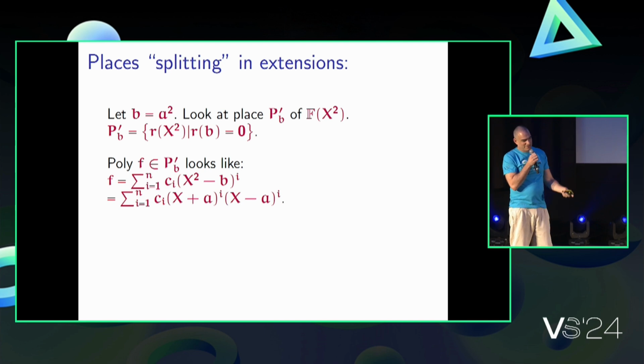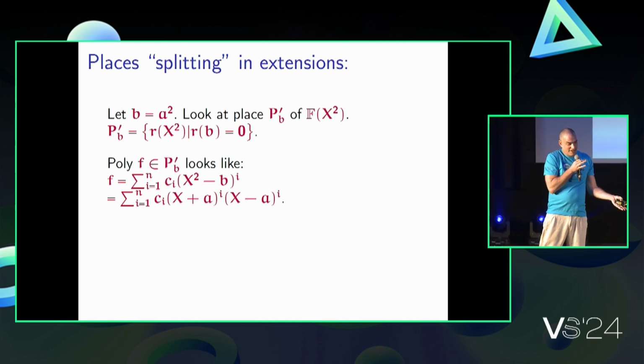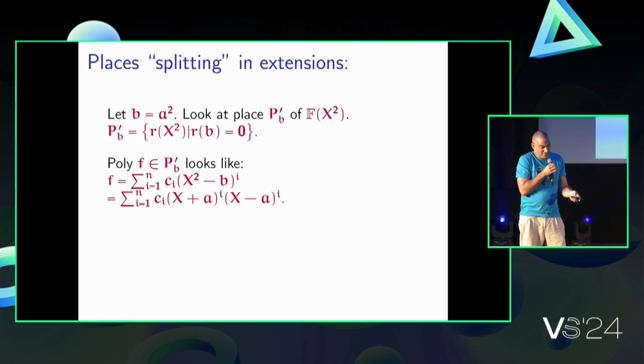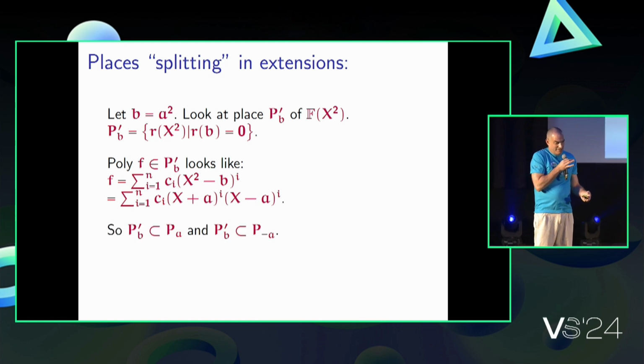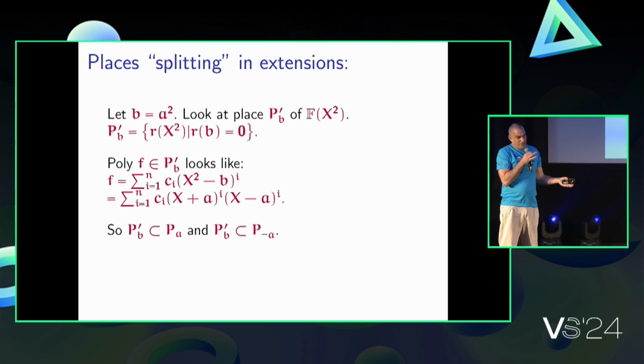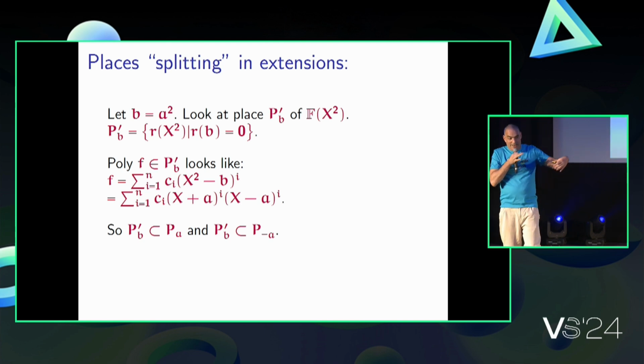Okay, but now we can apply the well-known algebra equality. This is some combination of x plus a to the i times x minus a to the i. So definitely it's going to be 0 both on a and minus a. So in our terminology that we defined, it means that everything that is in P prime b is going to be also in P a, but also in P minus a.